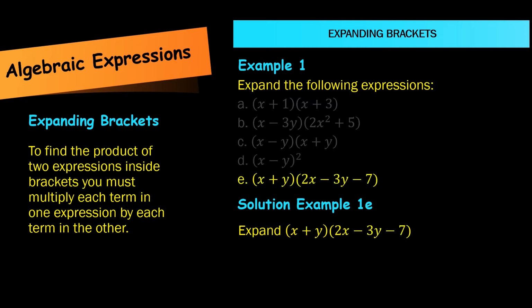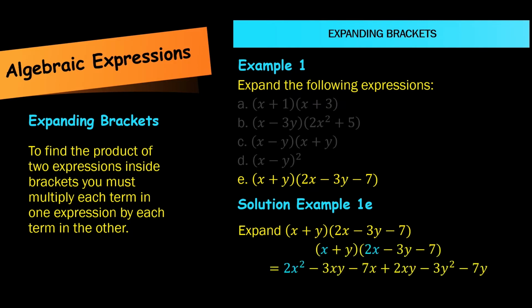Now let's expand the expression in example 1e. So x times 2x, x times minus 3y, x times minus 7, y times 2x, y times minus 3y, and y times minus 7. Now let's tidy up.